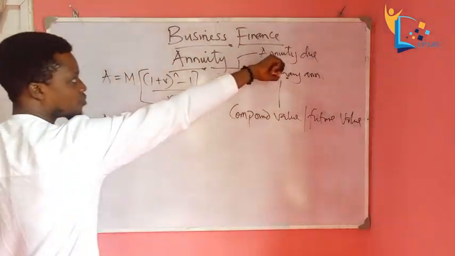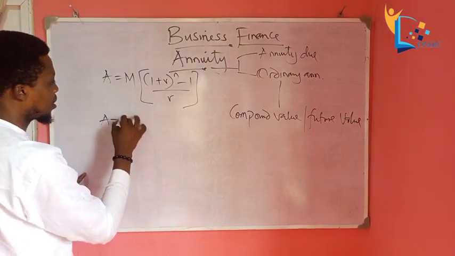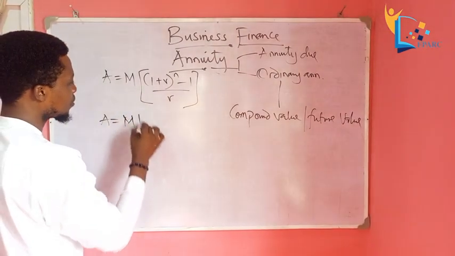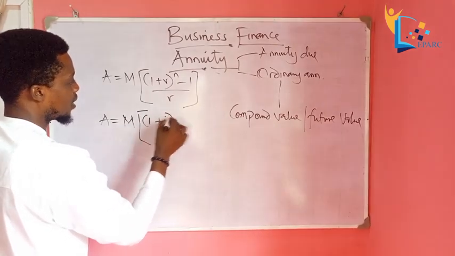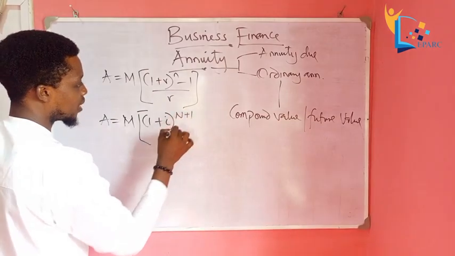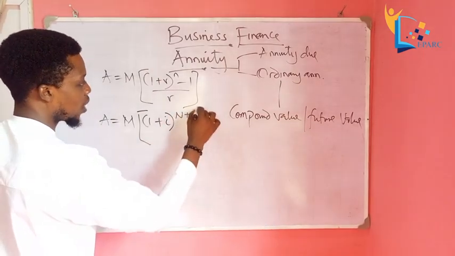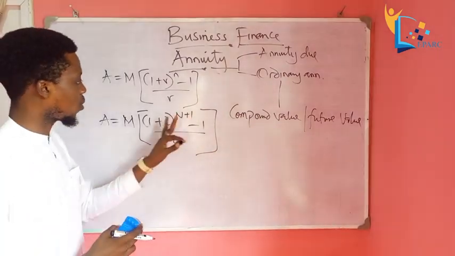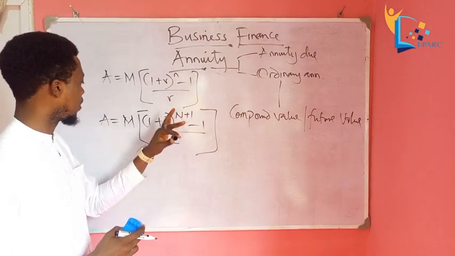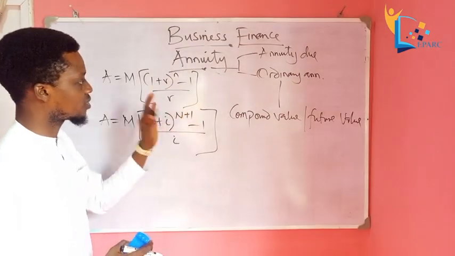So the future value for annuity due, we have A equal to M open bracket 1 plus I to the power N plus 1, minus 1 close bracket all over I. I'm going to tell us what all these letters stand for.